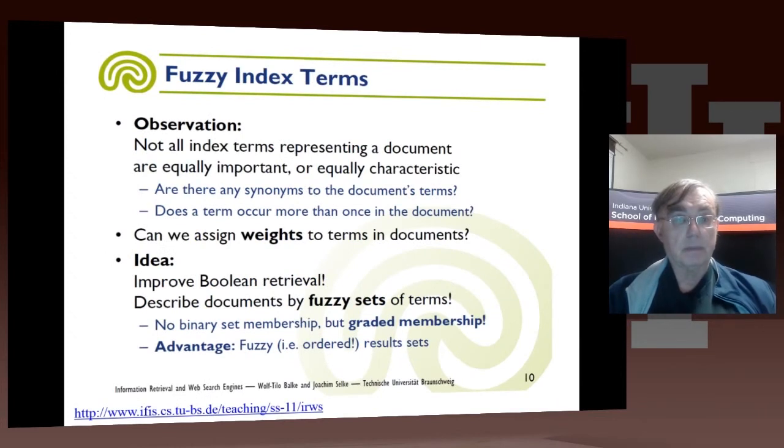Now, let's start thinking about fuzzy indices. It's relatively obvious that not all index terms representing a document are equally important. That's why we remove things like a, for, the, and, but, and stuff like that. But there are also things like synonyms as well, which are important.